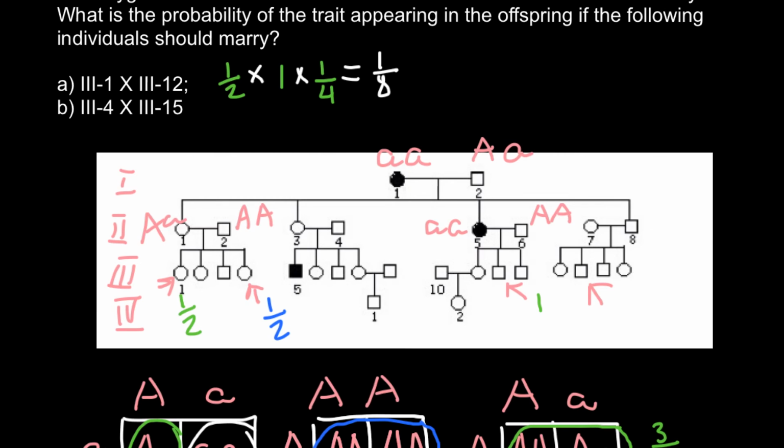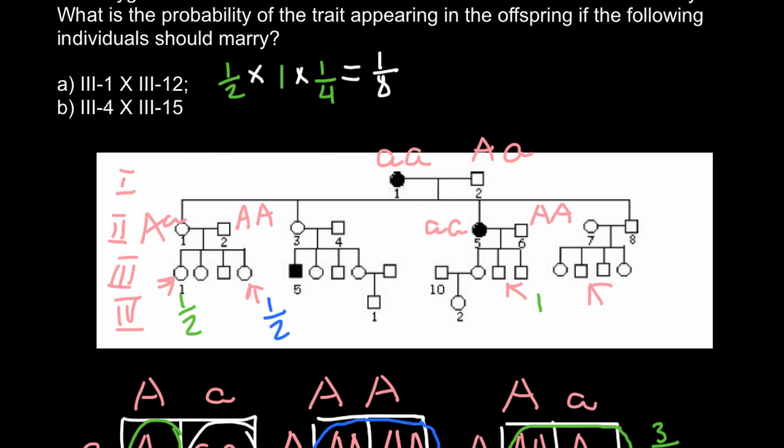So let's now concentrate our attention on this family, and what is the probability that this person here in second generation, number 8, is a carrier.